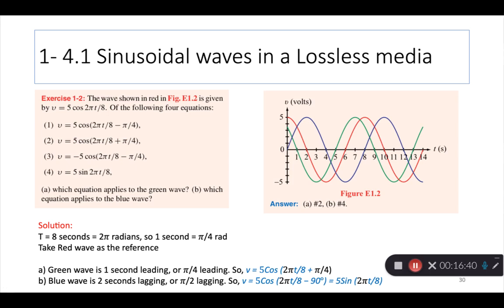And how do you write that? V equals phi cos of 2 pi by 8 t minus 90 degrees, which is phi sine 2 pi by 8 t. This is a little tricky, because cos of something minus 90 degrees is sine of that, so that's why it's sine.